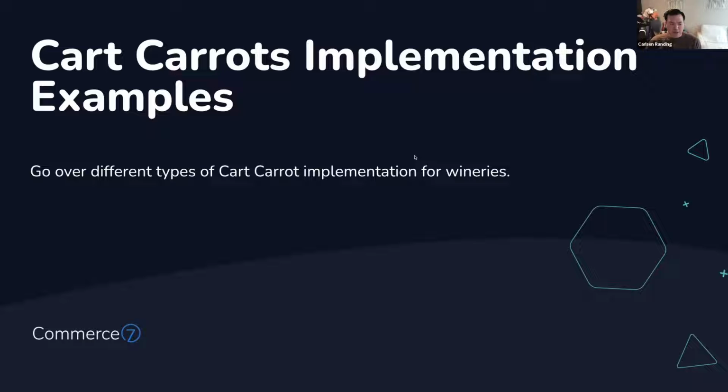Cart carrots is functionality that allows you to add a message in the carts. So you can position the message above the cart, below the cart, or on the cart page itself.